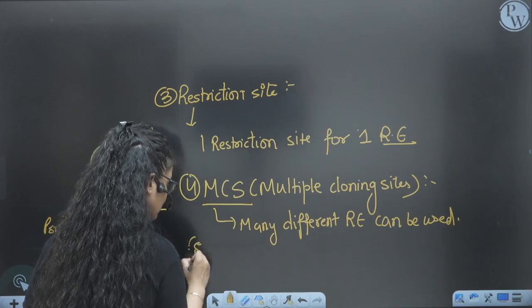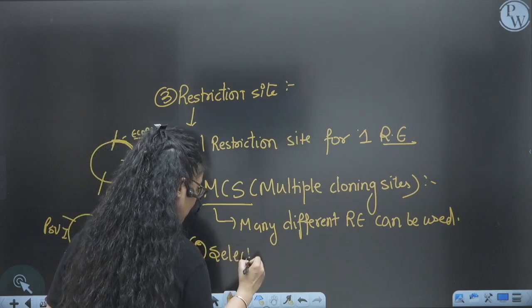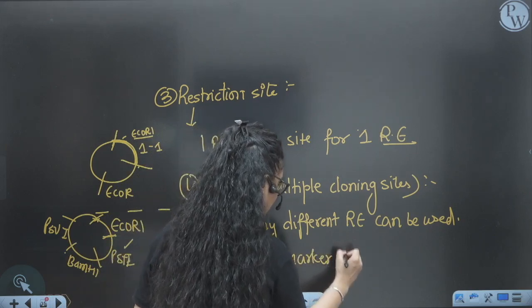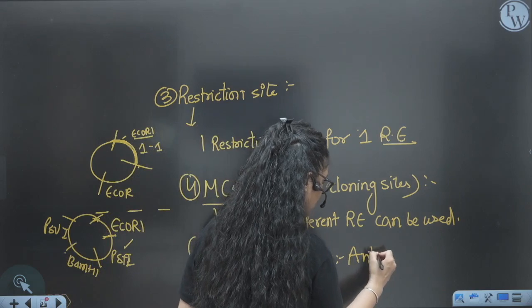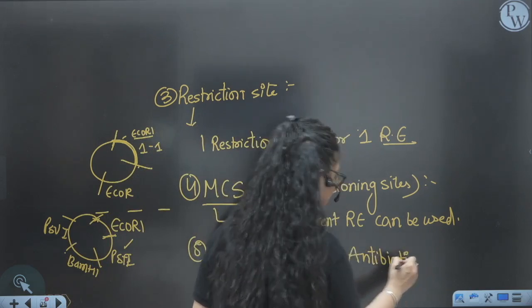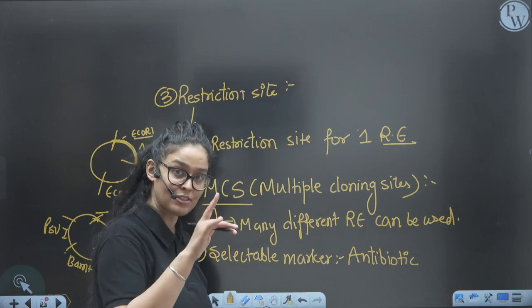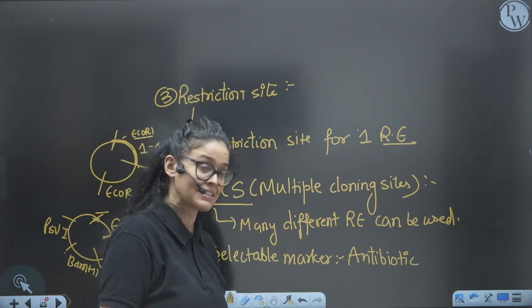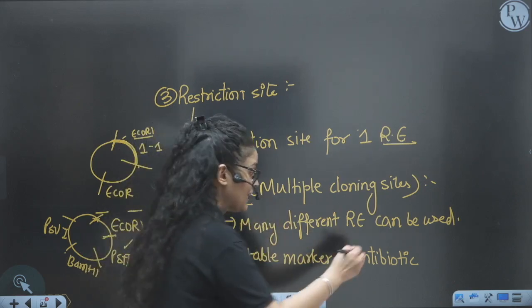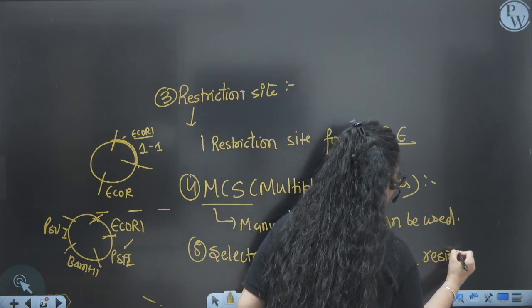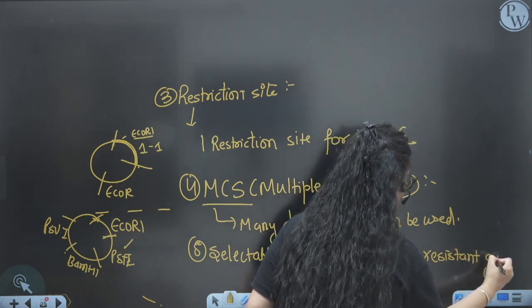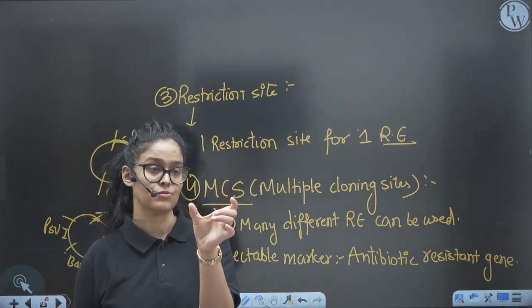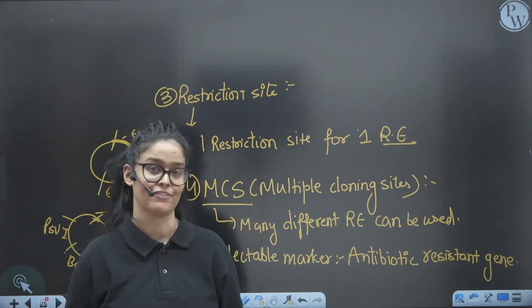And the last is the selectable marker. Selectable markers are generally antibiotic resistance genes, the genes that make the bacteria antibiotic resistant, which means they will not allow the bacteria to die in the particular antibiotic because they have the resistance gene. So the antibiotic resistance gene will also help us in the selection of the transformed host, the host that has our gene of interest, from the host that does not.